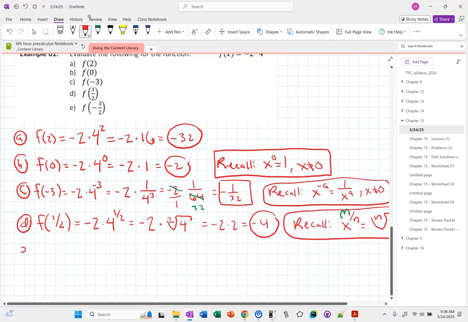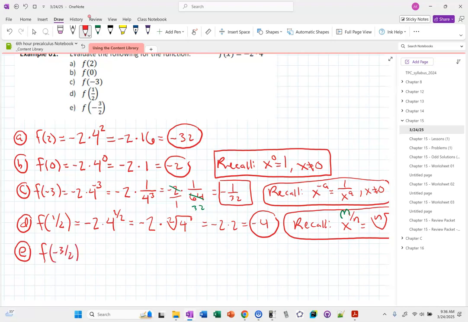And then our next one. So we'll have that. F of negative 3 over 2. So now this is a lot of stuff to deal with right here, right? So my suggestion is we're going to do this kind of one step at a time.